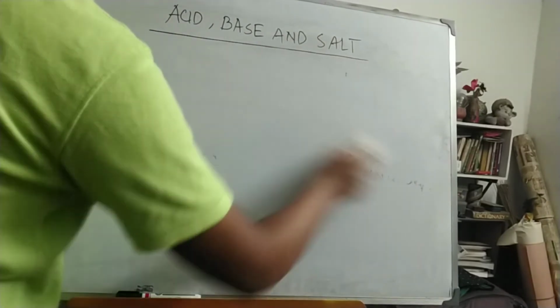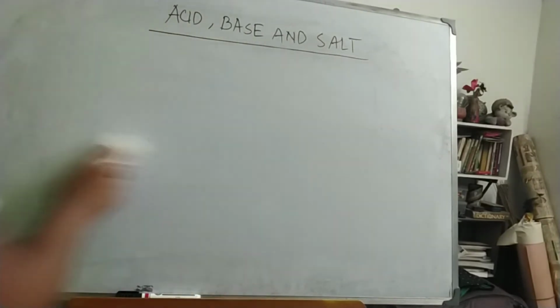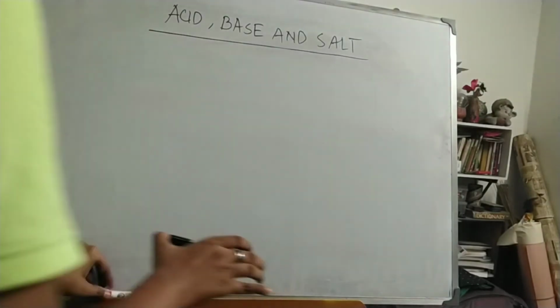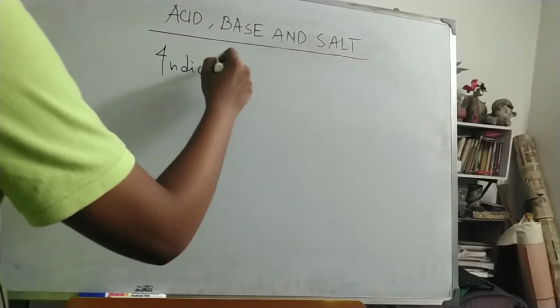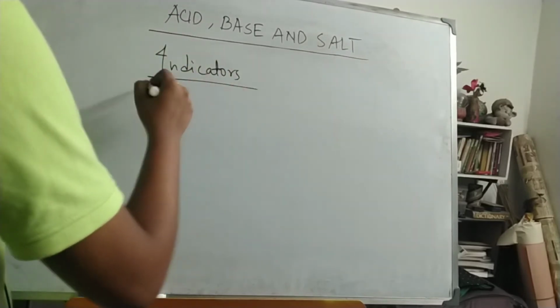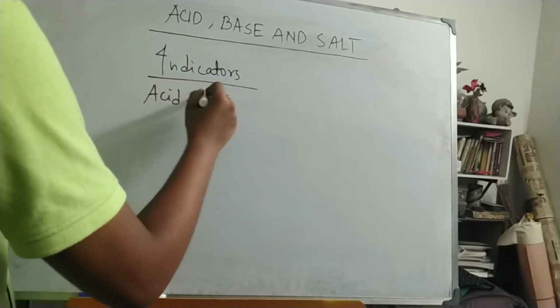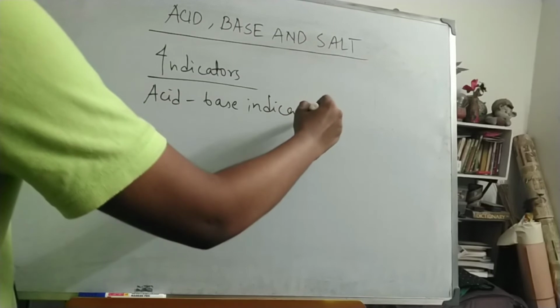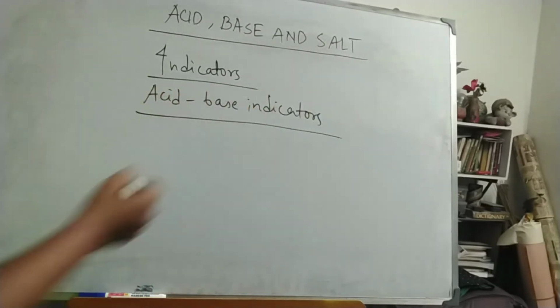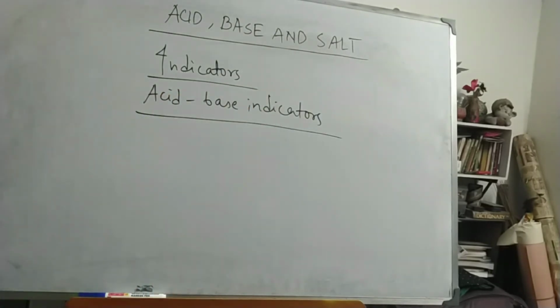Now moving on to the next topic, acid base indicators. Acid base indicator means how we can indicate that a substance is acid or base. There are two types.